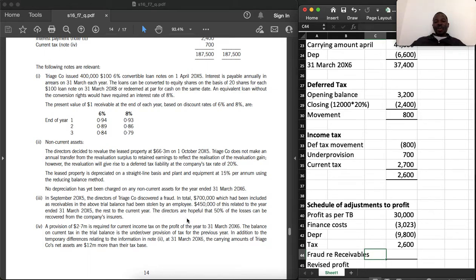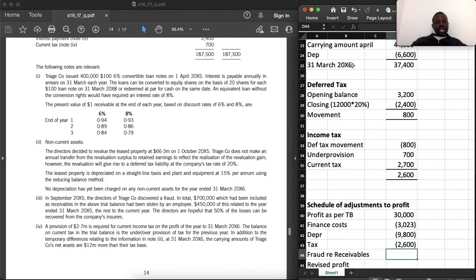The directors are hopeful that 50% of the losses can be recovered from the company's insurance. This is the hope. We are not going to recognise that as an asset because they are hopeful, and also the asset is contingent. So now we are going to say the text has to be separated.